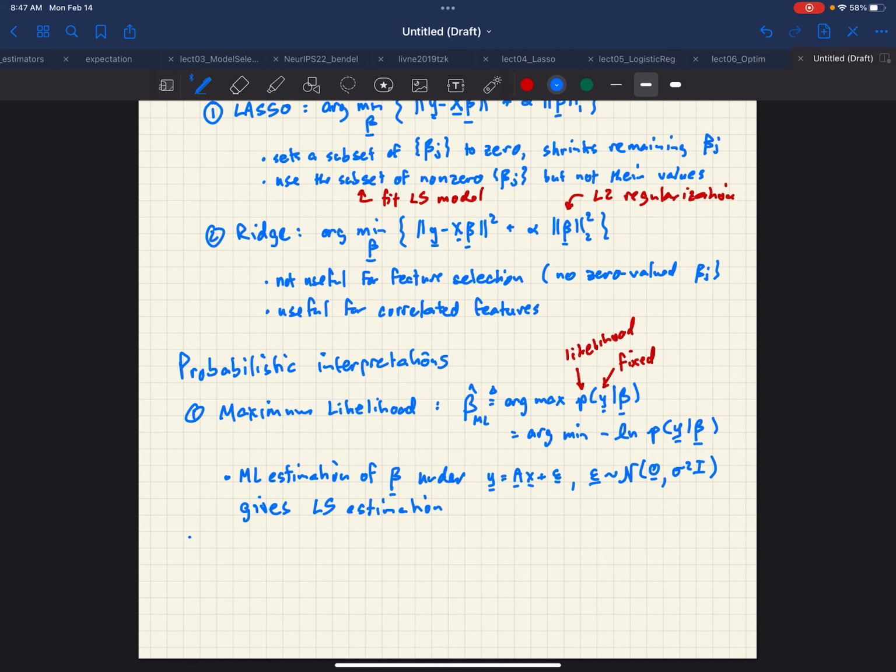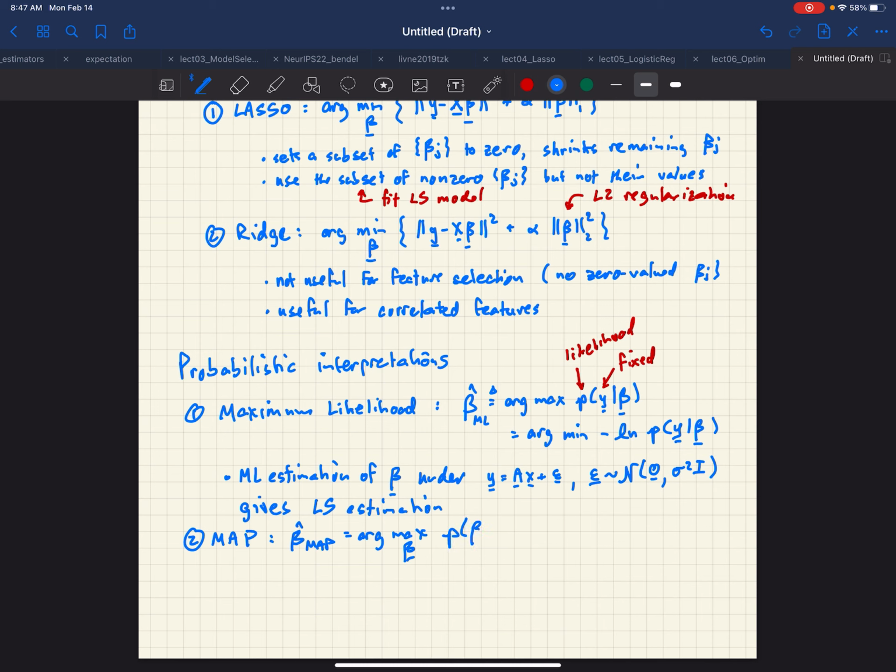Another application was the MAP estimator, maximum a posteriori. So MAP is argmax over beta, and then we swap the order here.